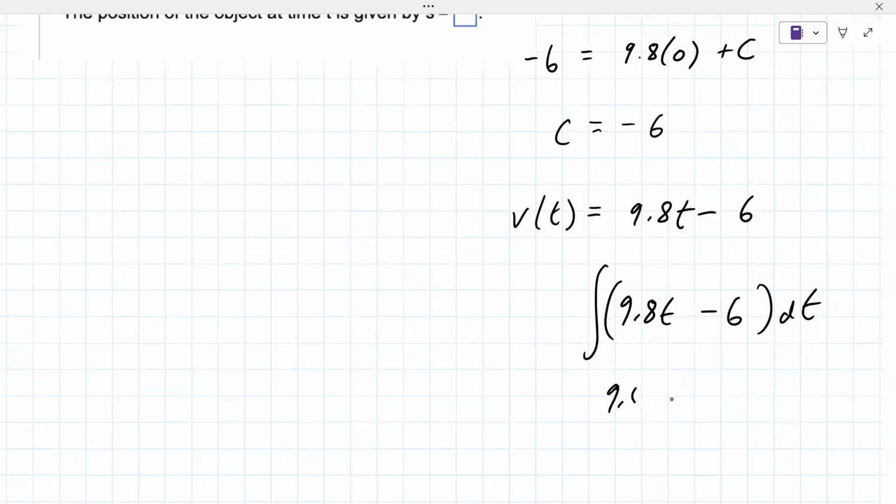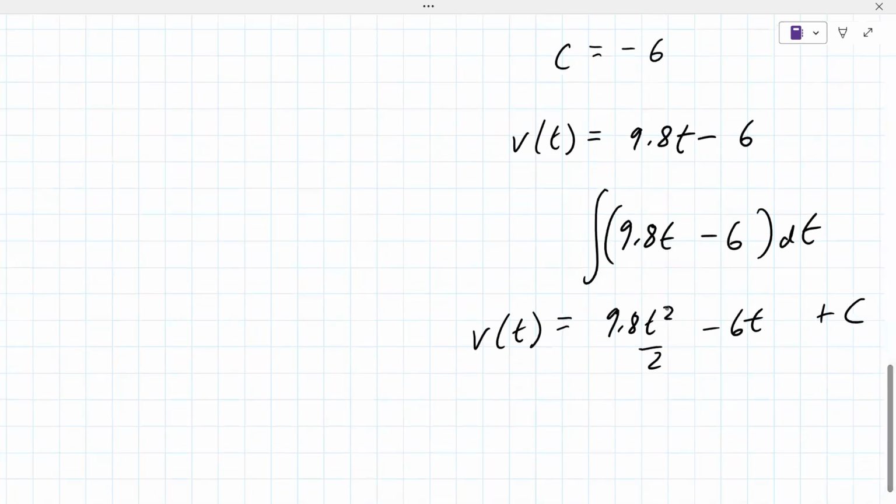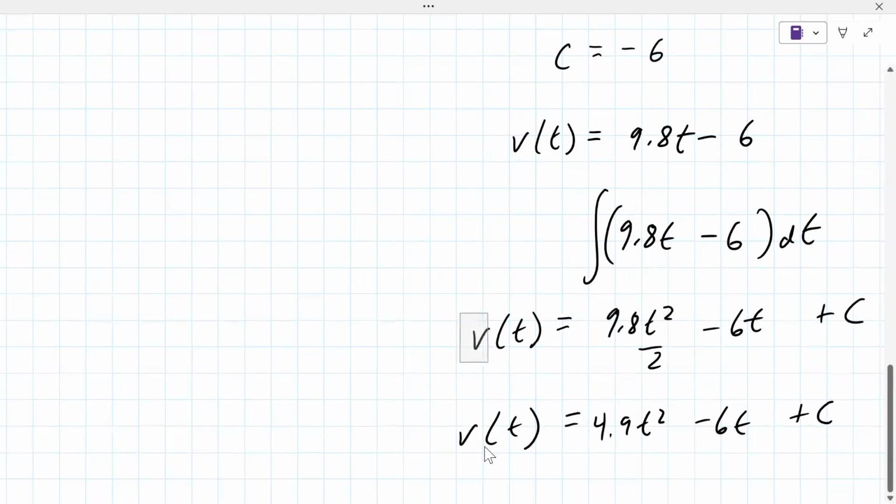Just like before, it's 9.8T squared over 2 minus 6T plus C. All right, so then it's 4.9T squared minus 6T plus C. I'm sorry, this is now S, not V. So when you integrate V, you get position.